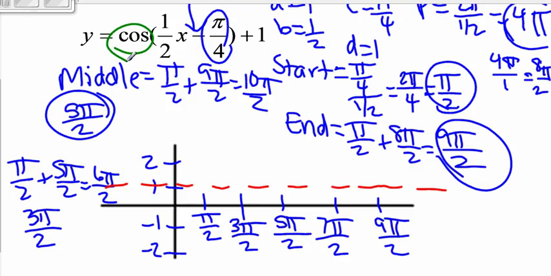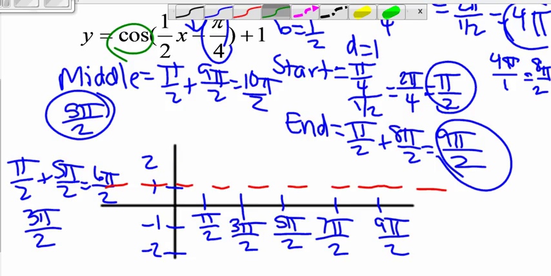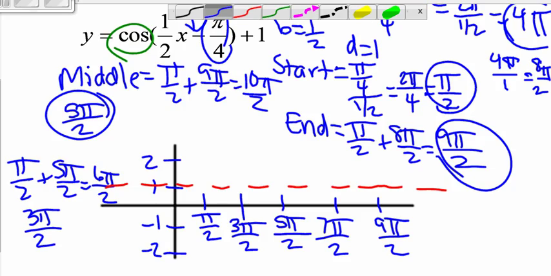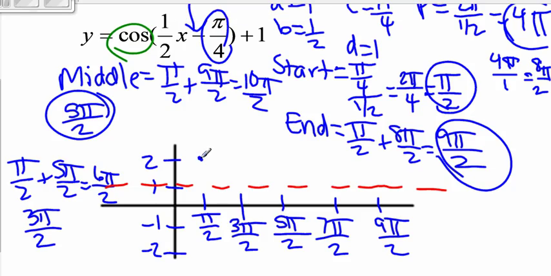And we're doing cosine, which normally starts at 1. So if I go up 1 from my center line, it would be there. And then it goes down to, oops, I put my dot not at my start. Let me fix that. Put my dot at my start, which was pi over 2.